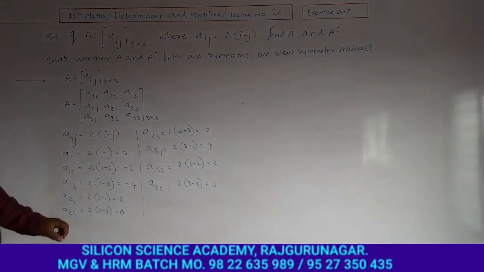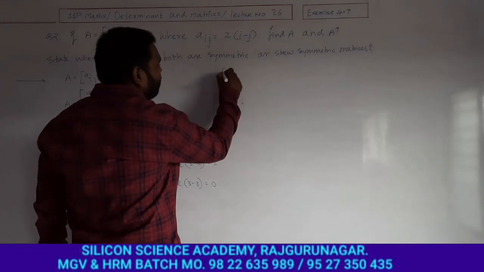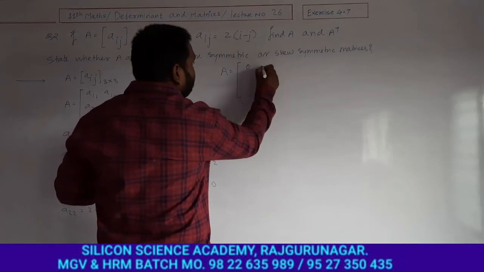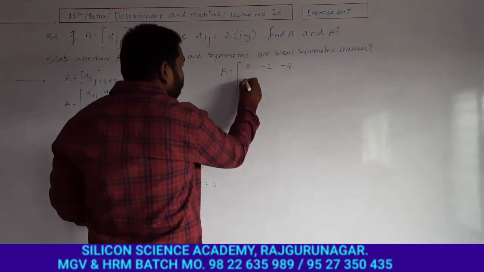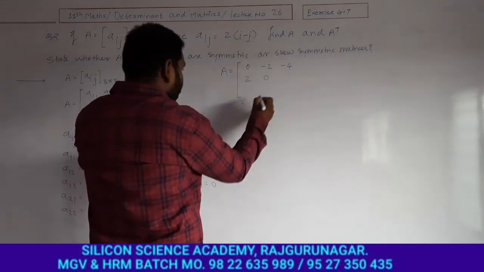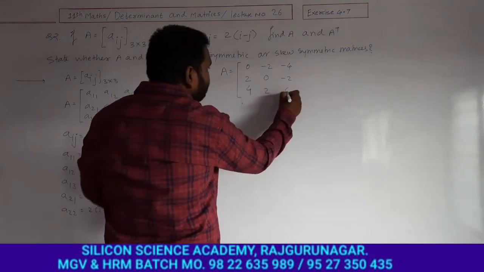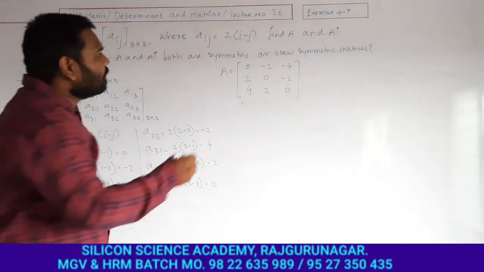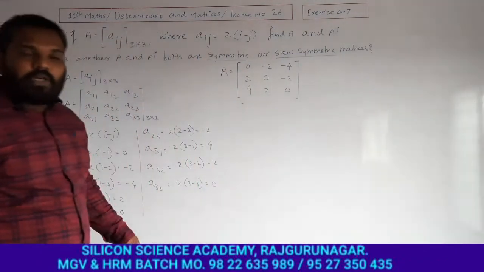The matrix A is ready: [0, -2, -4; 2, 0, -2; 4, 2, 0]. Now, to check symmetry or skew symmetry, we have to find the transpose.